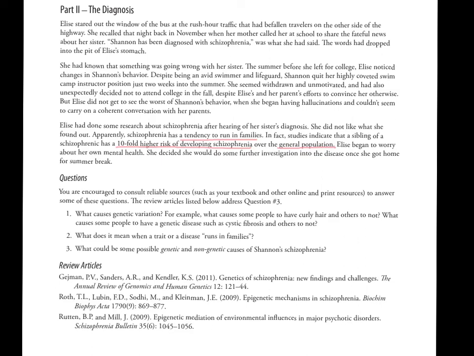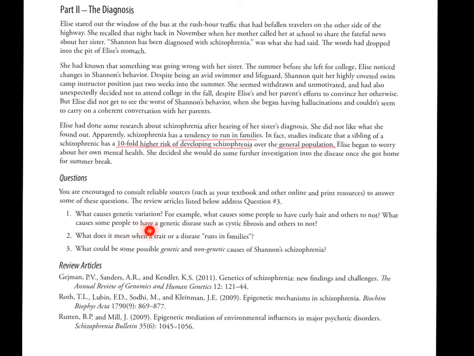Crossing over in meiosis, getting half your genes from one parent and half from the other, and then independently assorting these chromosomes gives you this higher degree of genetic variation, whereas in mitosis you're getting exactly the same genes. So the answer to this question is exactly what you would expect based on what we've covered in class.